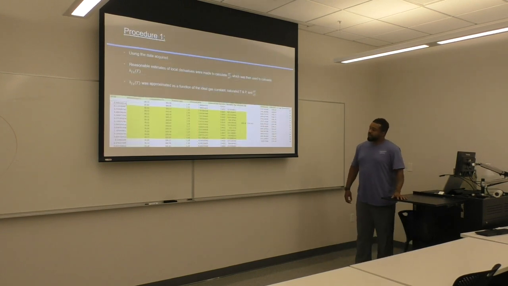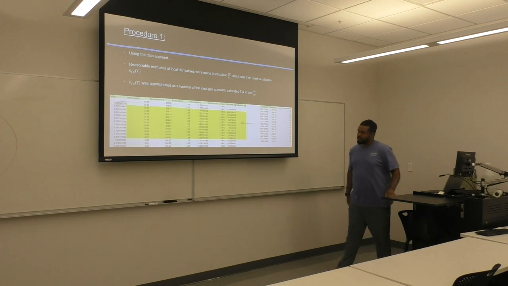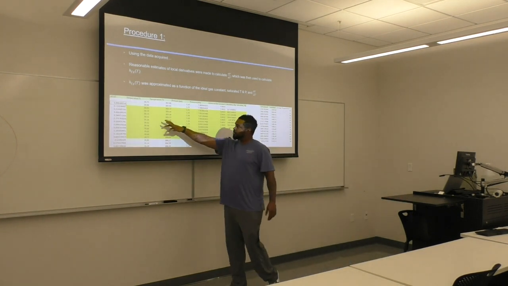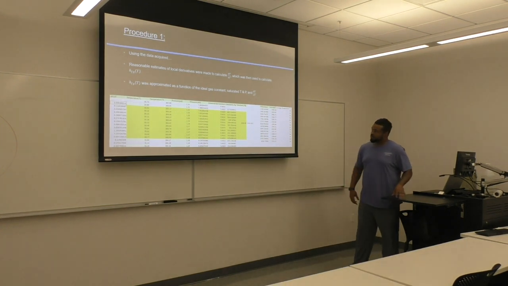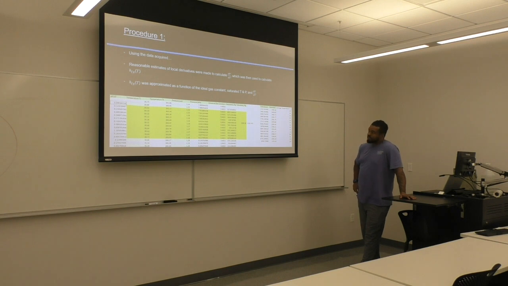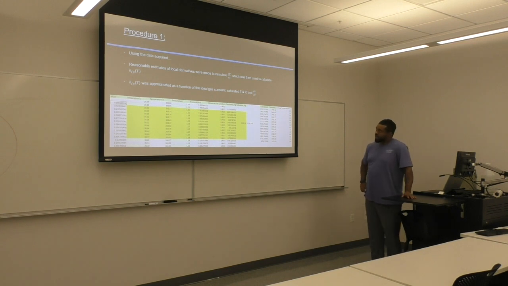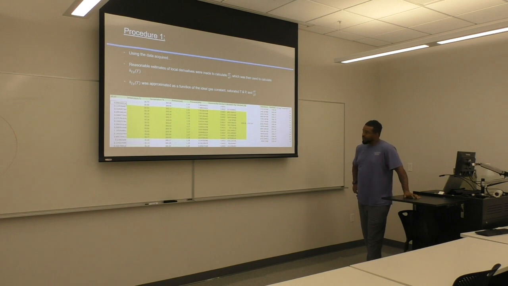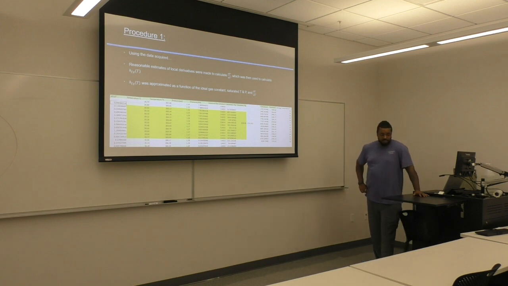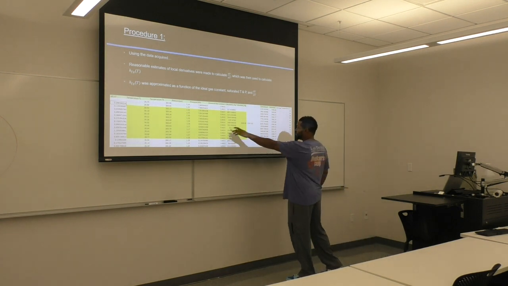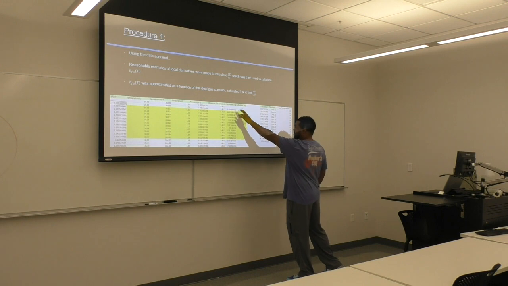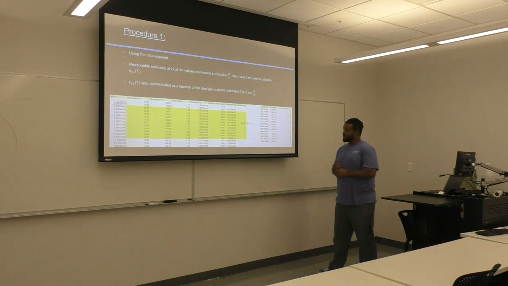So part of procedure 1, using the data acquired, the data gave us temperature and pressure. I took that data, and we needed to estimate local derivatives to calculate our change of pressure over change of temperature, and use that to calculate the latent heat of vaporization. And we also need to approximate as a function using the ideal gas equation. So using that data, I was able to use the Clapeyron equation and get calculated specific heats.